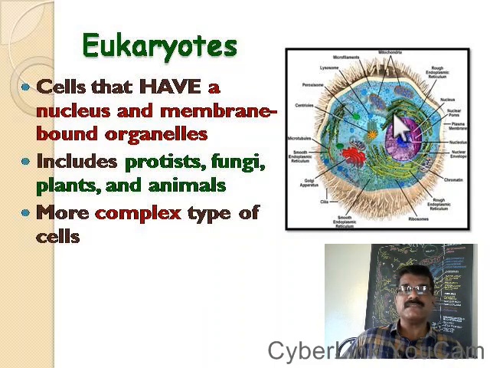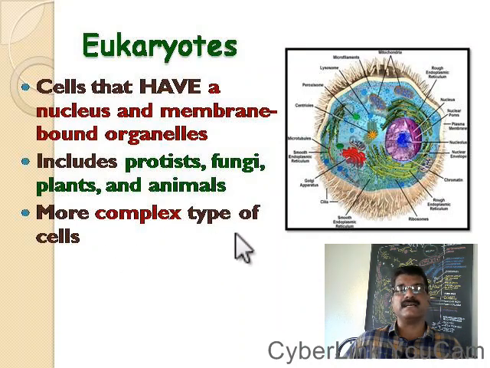So a cell with a true nucleus that possesses all the membrane bound organelles is called a eukaryotic cell. Examples: all the organisms other than blue-green algae and bacteria, say all the plants, all the animals including human beings, fungus. All these are eukaryotes.